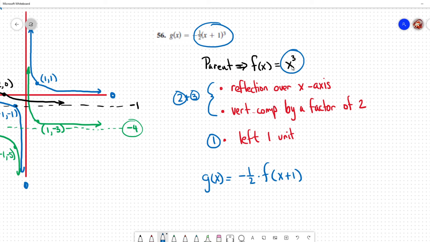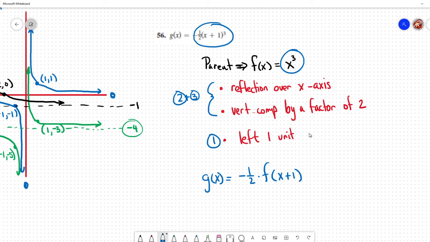The f is going to take care of that cubic part. That's the only thing that's missing. You might look at this and ask, why didn't you write x cubed? Because I wrote f, and f is x cubed. Gotcha.